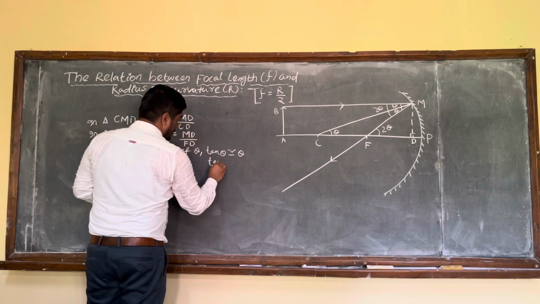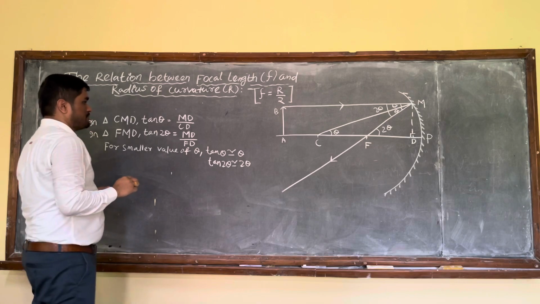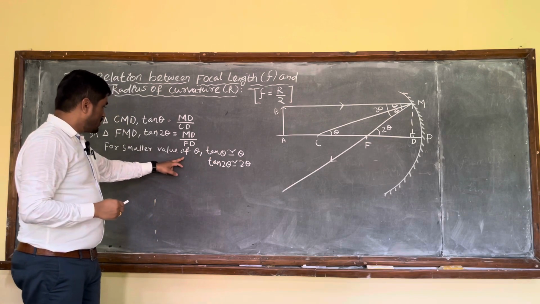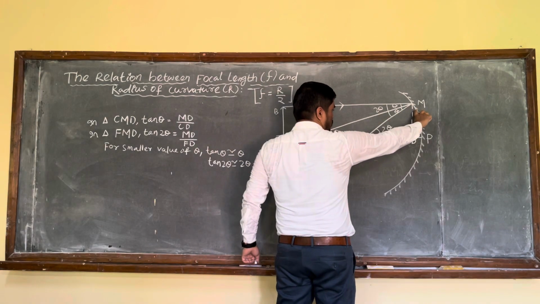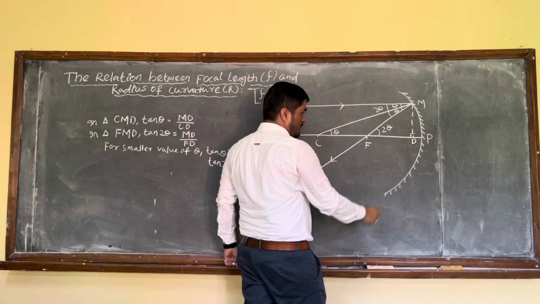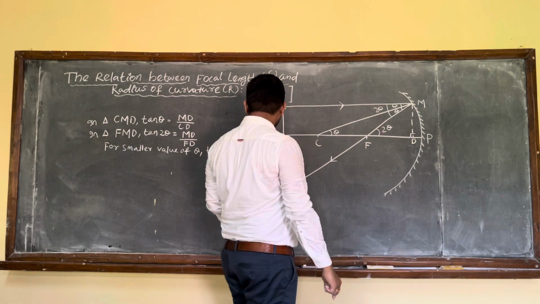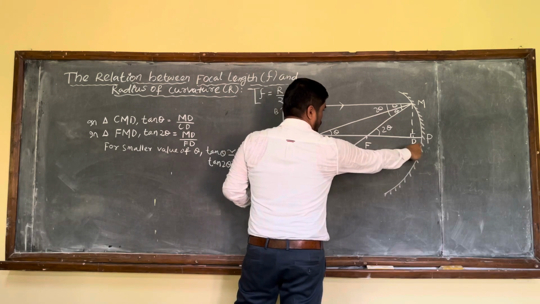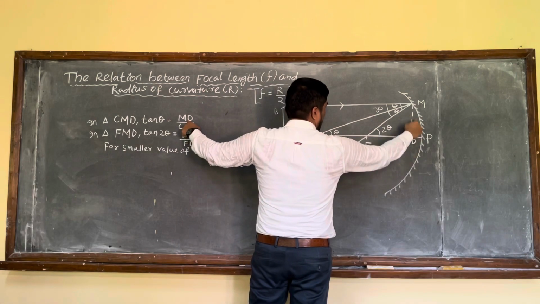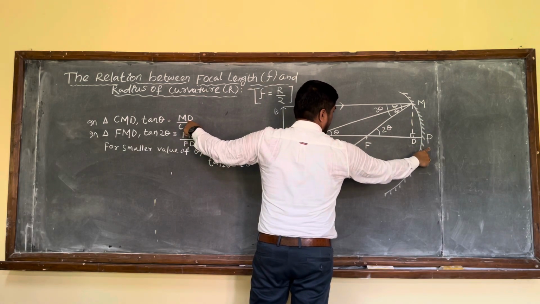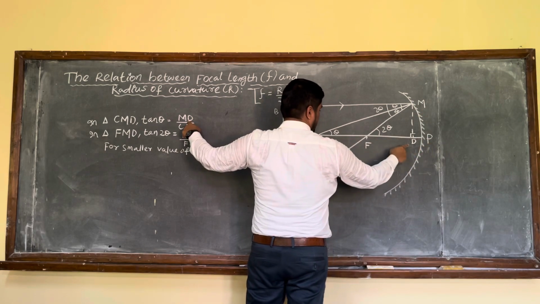Again, when the angle theta is small, the aperture will be small, and when the aperture is small, the point D will coincide with point P. So in place of MD you have to write MP because points D and P coincide. So MD will be equal to MP, and CD will be CP.